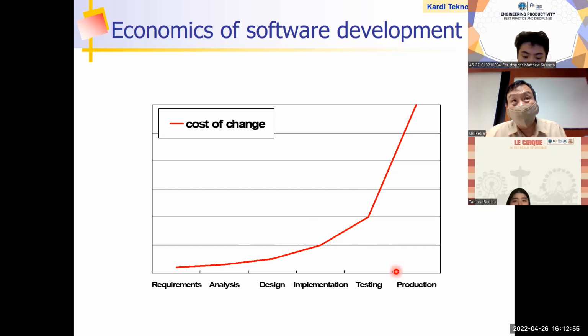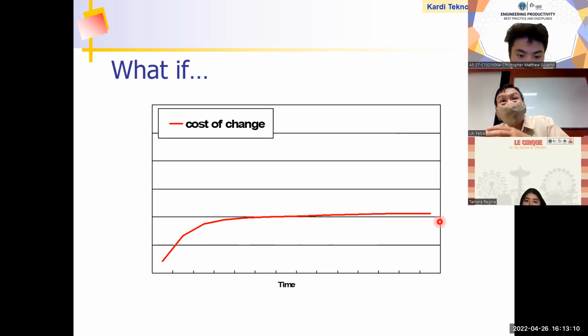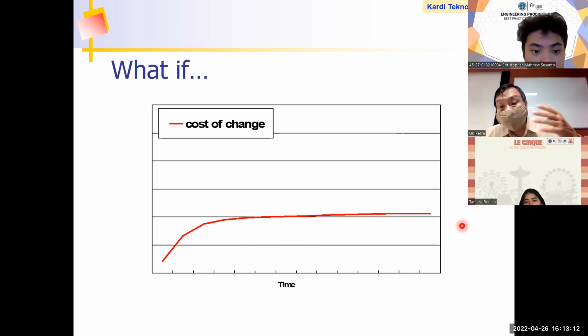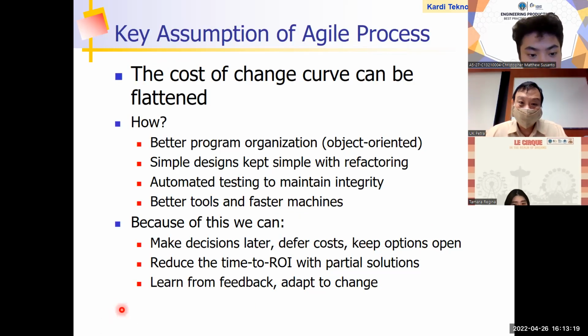And after production, the change is very big. But in agile, we make it flat like this. All the time, the cost of change is actually flat. How? That's the key here.